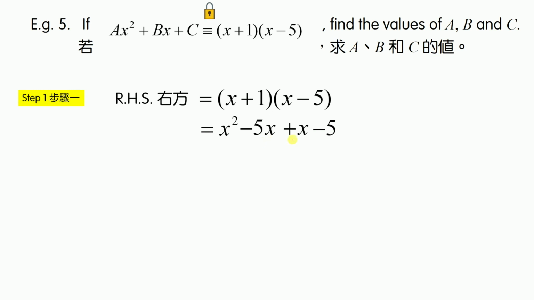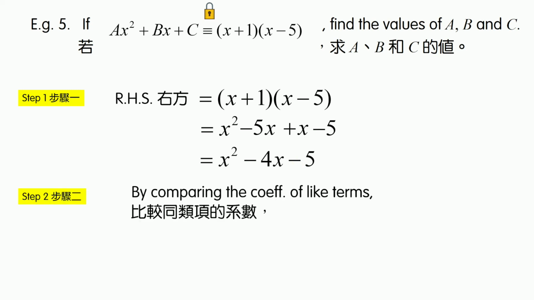These 2 terms in the middle are exactly like terms. Negative 5x plus x equals negative 4x. Until we can no longer simplify, we then move on to the next step, which is comparing the coefficients of like terms to find out the values of a, b, and c.